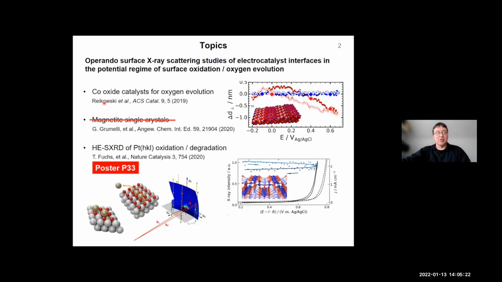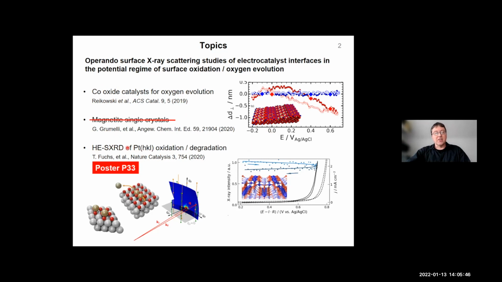I originally also wanted to include magnetite studies on single crystals, but for time reasons I have to skip that. What we have also been doing for about 5 years is using the high energy surface X-ray diffraction technique Gary was talking about for studies of platinum oxidation and degradation.